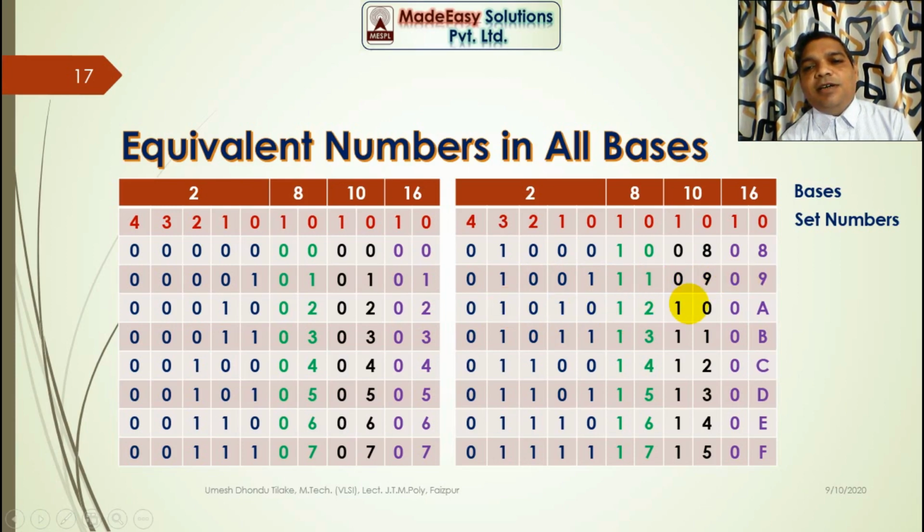Now let's see, it is an important row again. 01010 in binary is equal to 12 in octal, 10 in decimal, and 0A in hexadecimal. 01011 in binary is equal to 13 in octal, 11 in decimal, and 0B in hexadecimal.